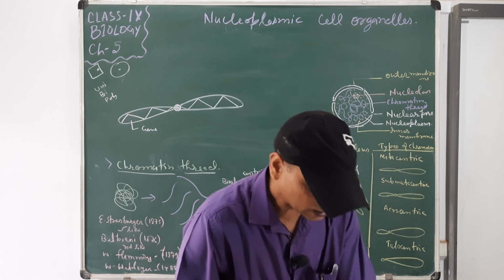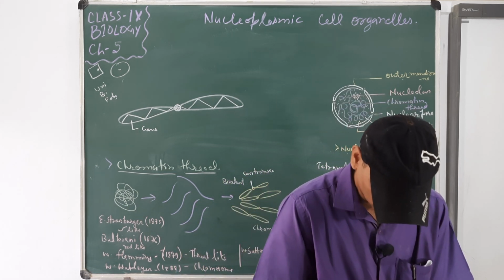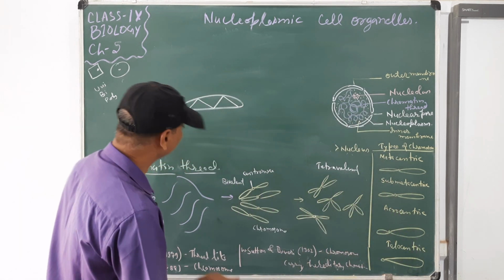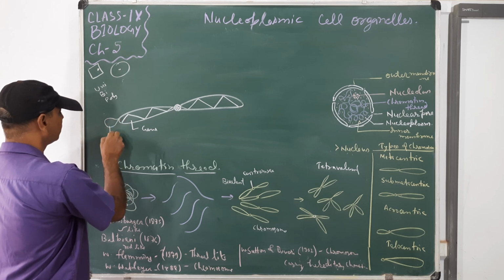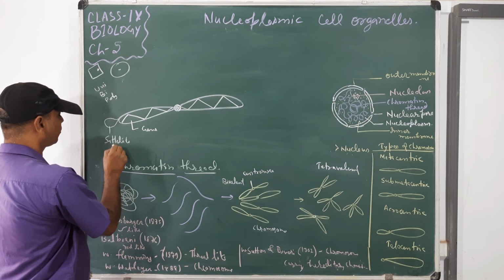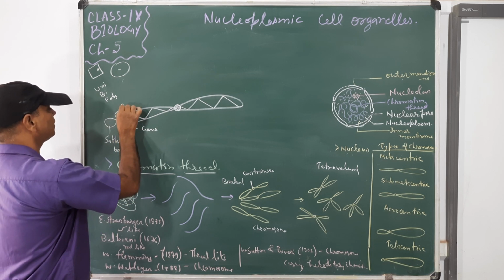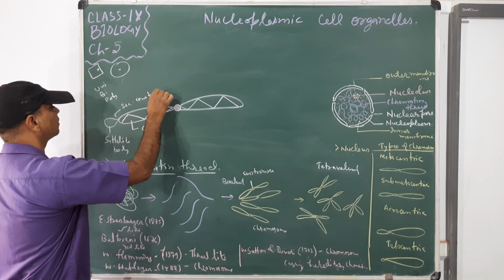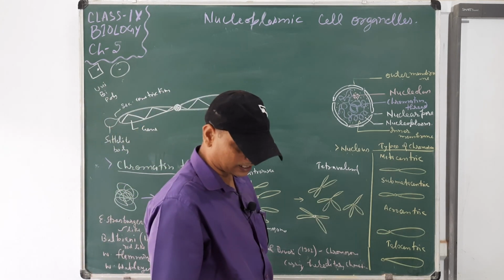Now you see, in the chromosome there is a satellite body, a secondary constriction and a centromere. So here is the satellite body, the secondary constriction, and the centromere in the middle.